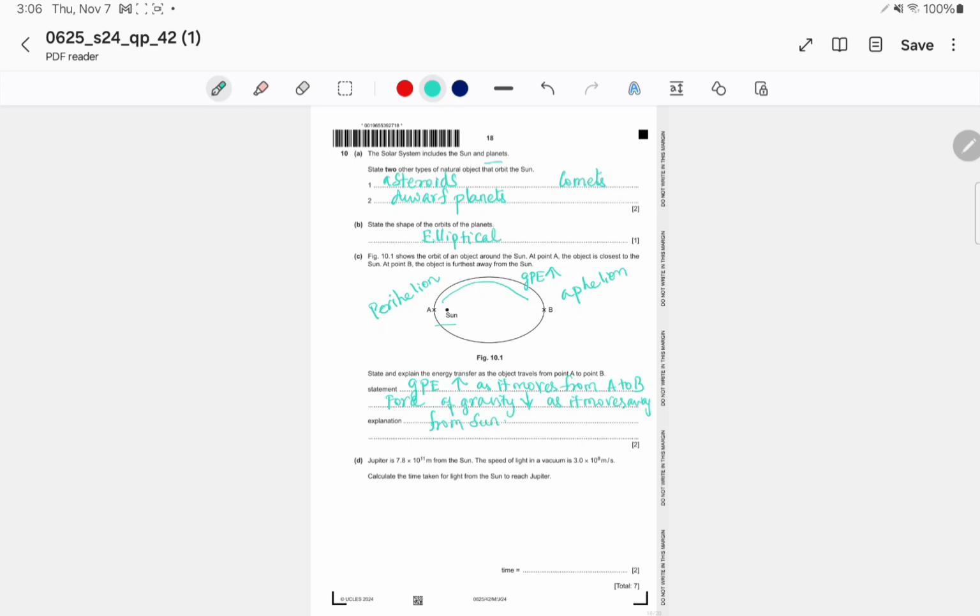The force of gravity decreases, so the kinetic energy is getting decreased as it moves further away; it slows down.